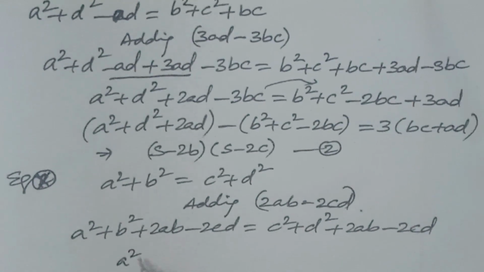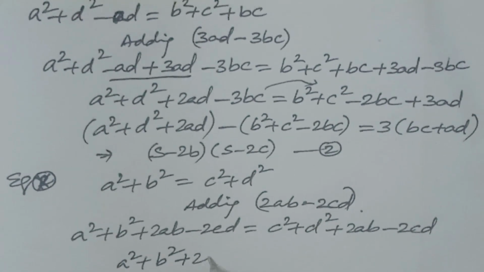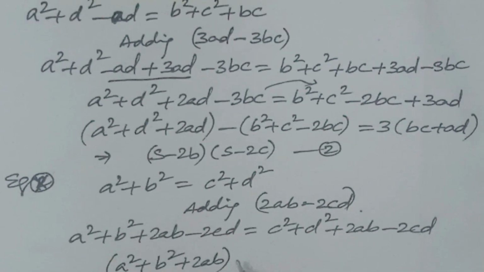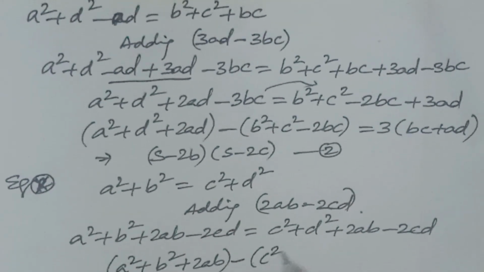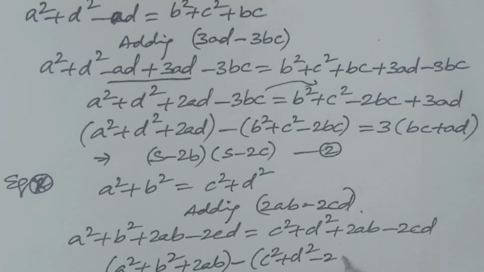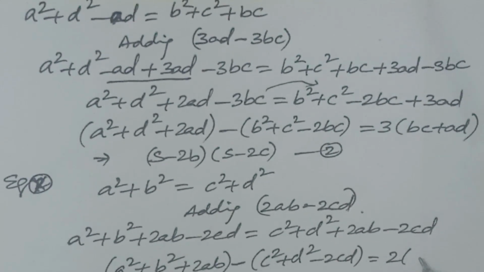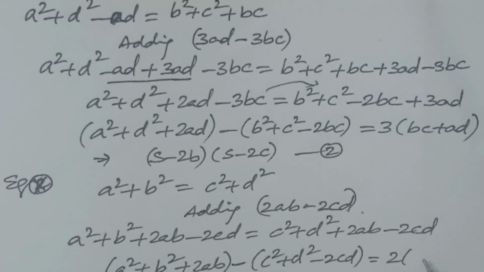A square plus B square plus 2AB minus of C square plus D square minus 2CD is equal to 2 of AB plus CD.